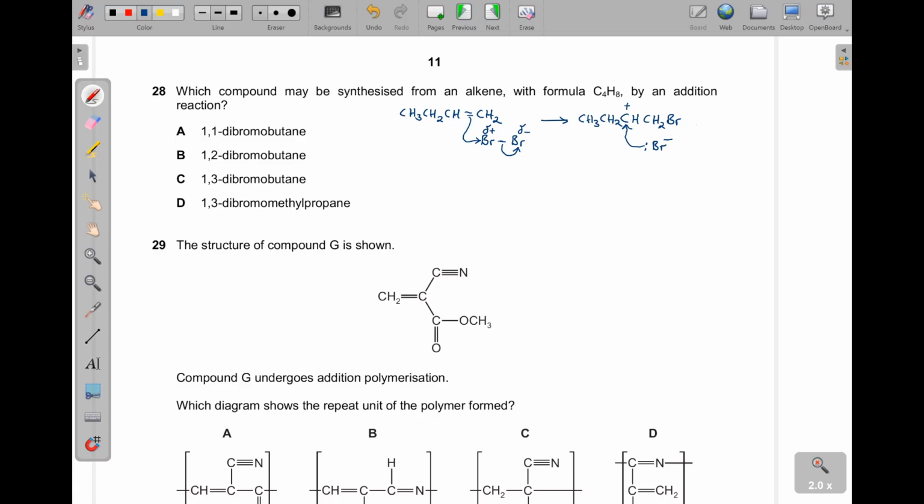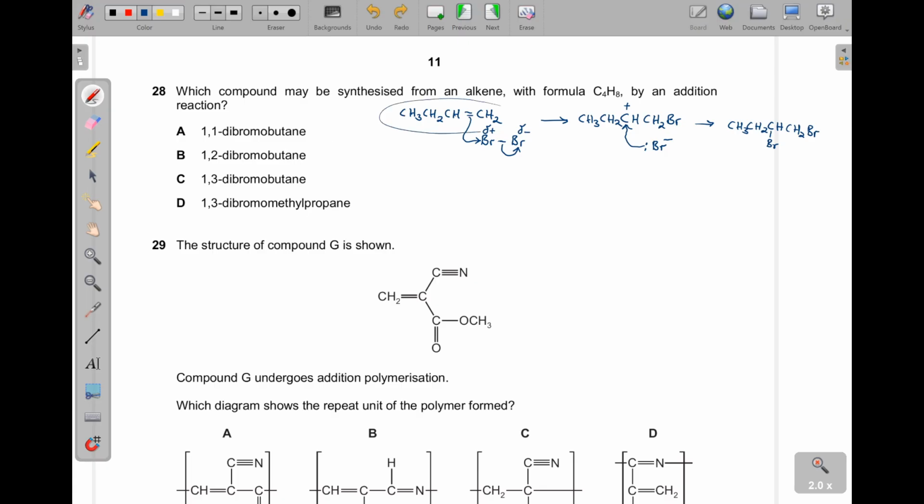And then we are going to have the CH3, CH2, then CH with a bromine here, and then CH2 with a bromine here. This one is on the first carbon, then this one is on the second. That is 1,2-dibromobutane, and we can see 1,2-dibromobutane here. So this one can qualify to be our answer.